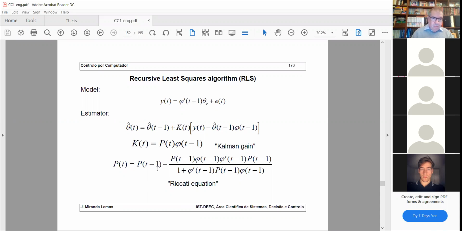Actually, I had a rich personal experience in using these algorithms with adaptive control. In adaptive control, you use these online estimators, and you update the gains, you redesign your controller online. Okay? That's adaptive control. And I was doing one experiment, for instance, controlling the temperature of a solar collector field.